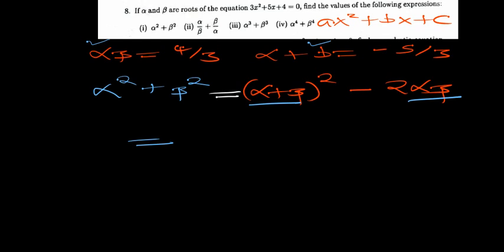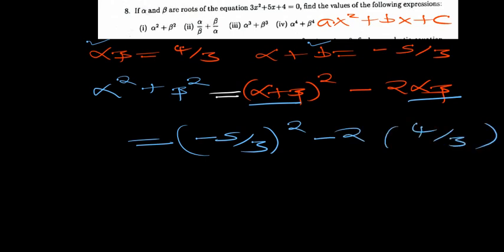We can start with the summation, which is negative 5 over 3 in the brackets, raised to the power 2, minus 2 alpha beta, the product is 4 over 3. So negative 5 over 3 squared will give us 25 over 9. And then 4 times 2 is 8 over 3. At that point, you can still go on and simplify.